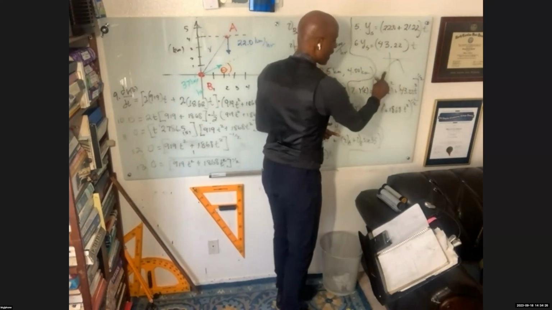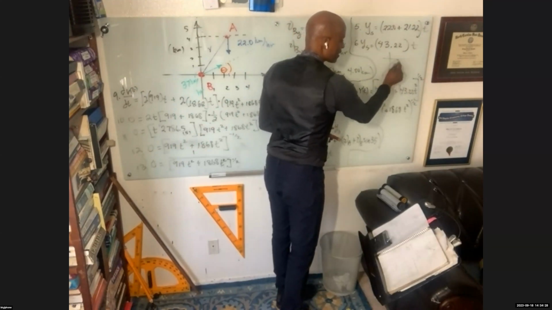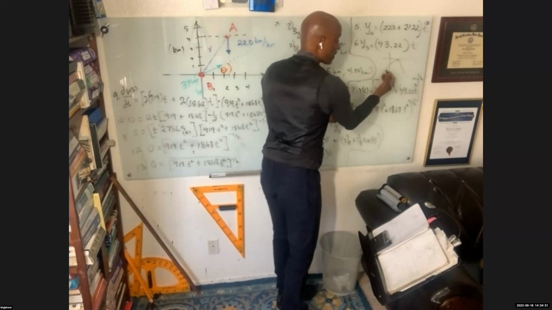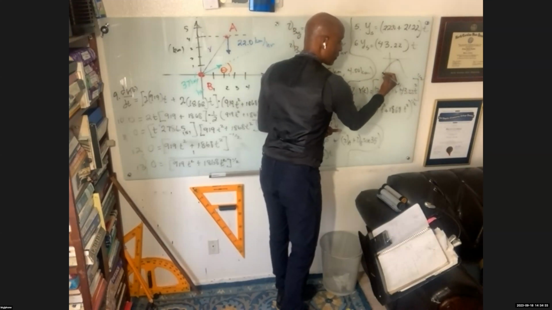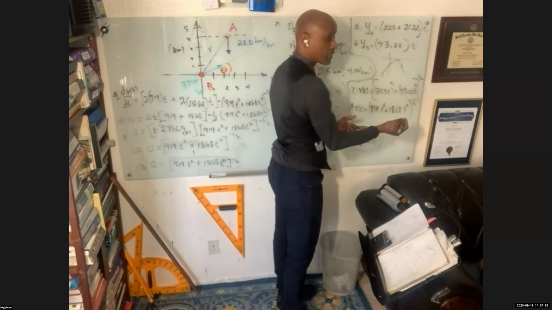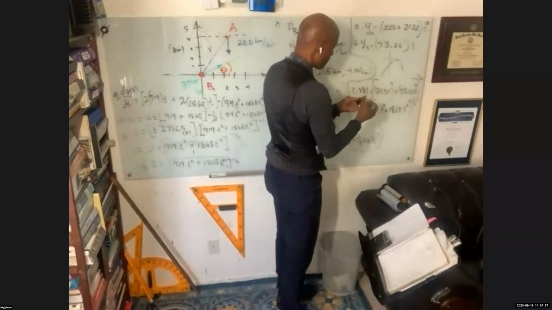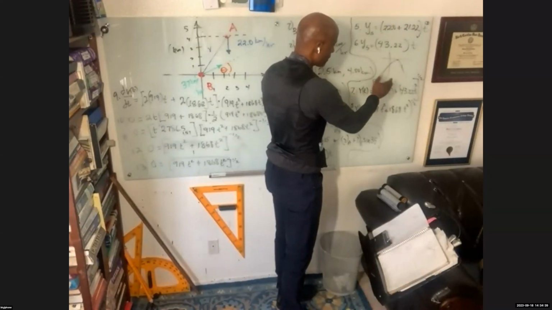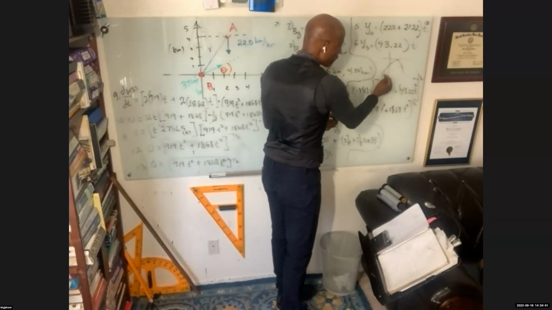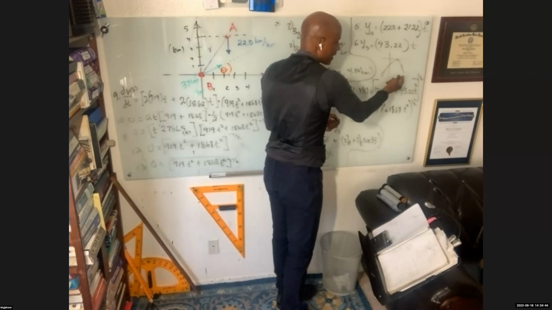So what you're doing is finding the tangent to this curve, and remember, the slope of the curve is the derivative. It could be a parabola, it could be anything.